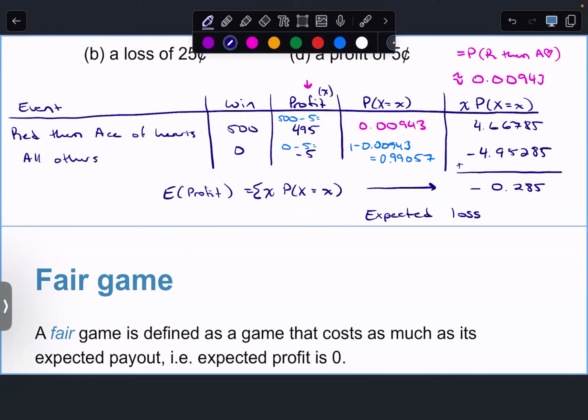Because it's negative, is 29 cents per play. That doesn't sound like a good game to me. I'd want to play it if it had an expected positive profit, but that's not usually how they're set up.